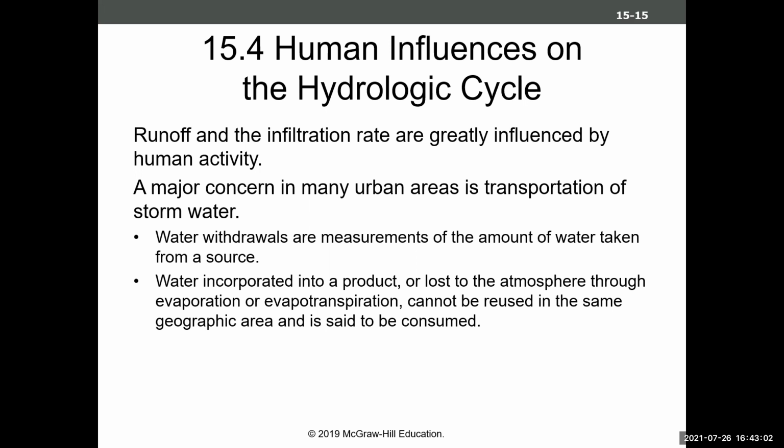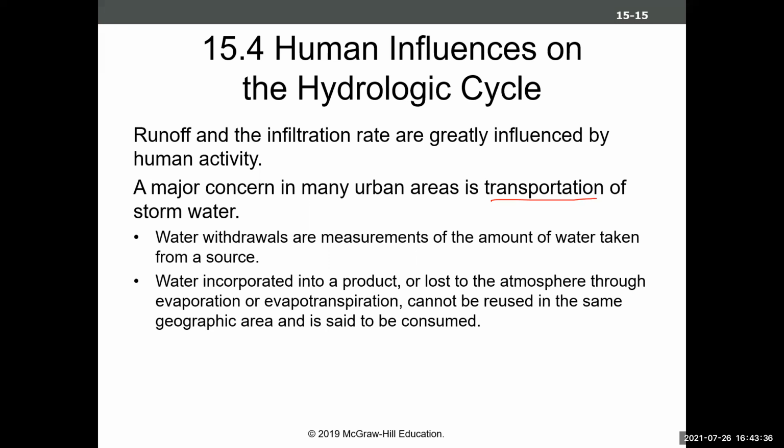And therefore, all of that rain runs off of those impervious surfaces. And so one of the big concerns then is, where does all of that rainwater go? The urban areas have to have an efficient transportation of that storm water, a drain system that allows for that runoff to drain effectively. If not, it leads to floods in those cities.